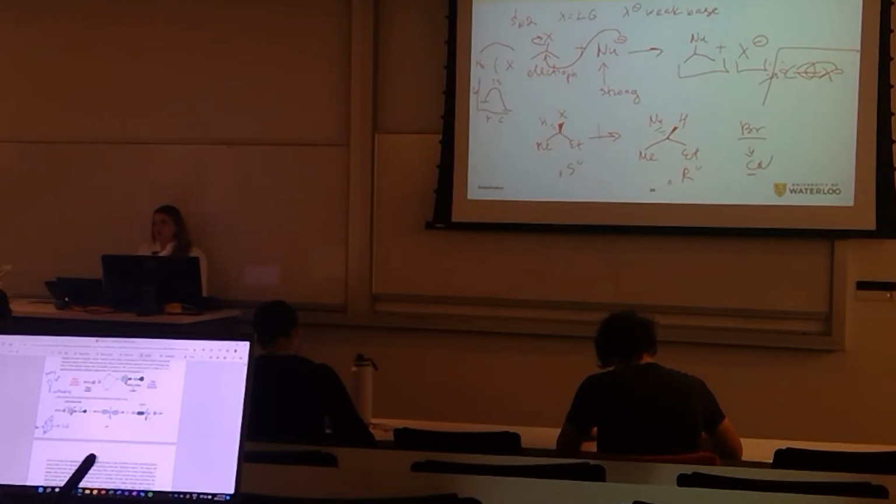So keep an eye on whether the priority of the substituents changes or not after the substitution. But if it's not the case, then S will become R and R will become S for the stereocenter.